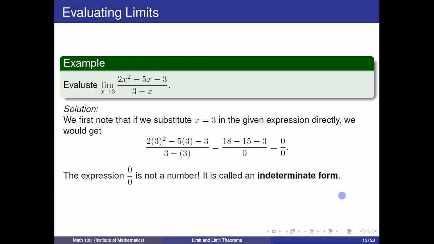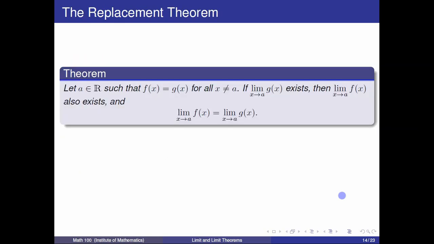To solve this, we have the following. So, direct substitution cannot be applied. So, what we use is the following, what we call the replacement theorem. What does this say? This says that if you have a function f, which is equal to a function g, everywhere except when x is a, and if the limit of g of x exists, then equal na yung limit nilang dalawa.